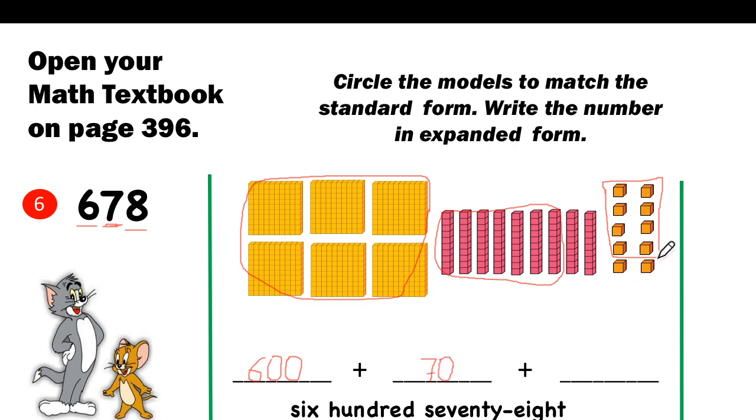And how many ones? 8. So that's the expanded form. And the word form, 678. I believe I also have the numbers like this. I'm so sorry, I wrote them already for you, but it's okay. So that is expanded form.